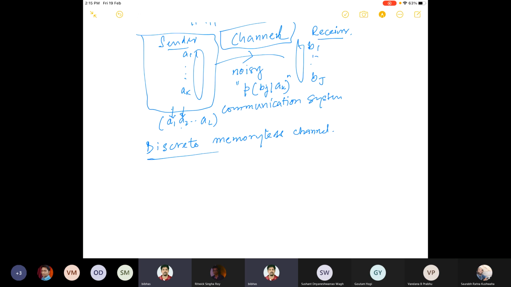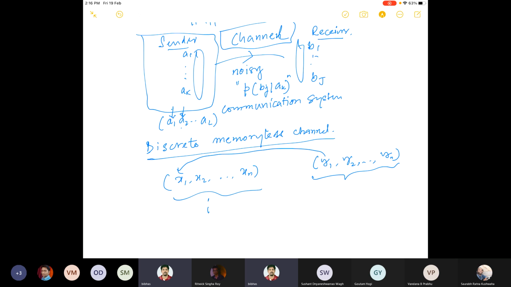In this channel, I will formally define it later, but let me give you an informal meaning of this. If I send a sequence, let's say x1, x2, ..., xn, and the output is some y1, y2, ..., yn, then the first output letter in this output sequence, y1, should depend on x1.